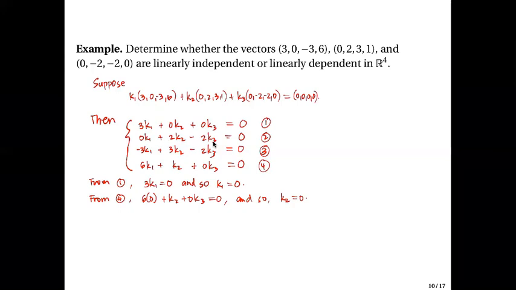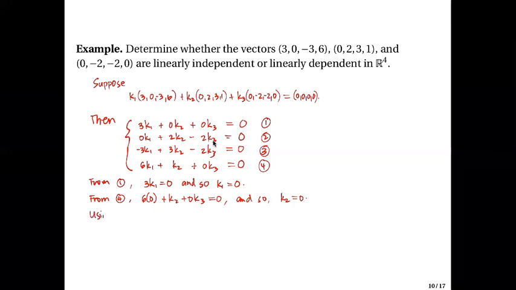You can solve for K3 using either equation 2 or equation 3. In any of the equations, K1 will be 0 and K2 is 0, so you will have negative 2K3 equals 0, and therefore K3 equals 0.